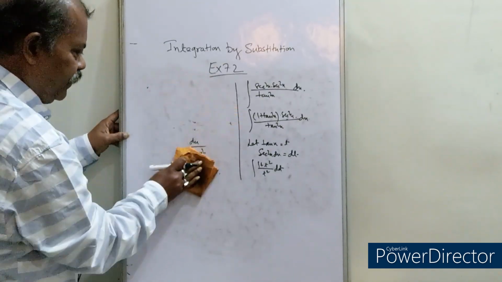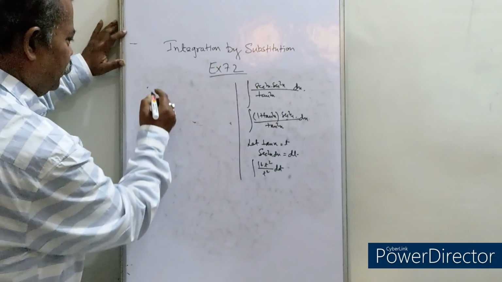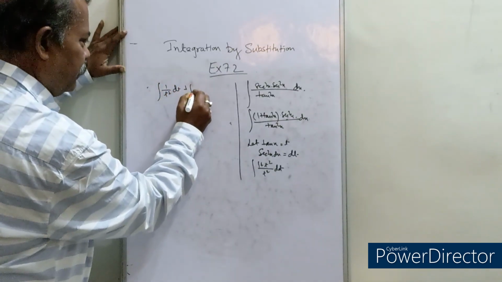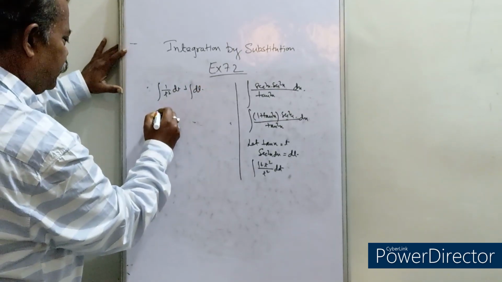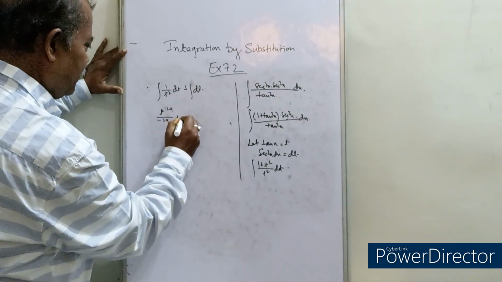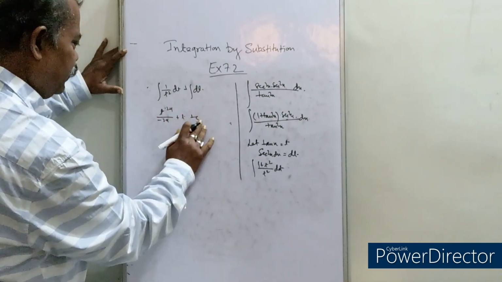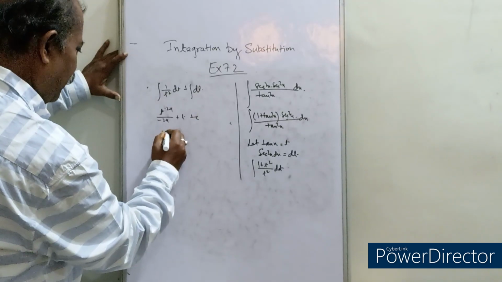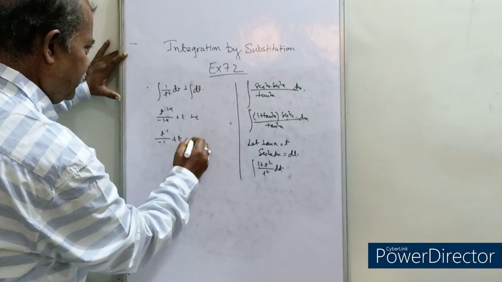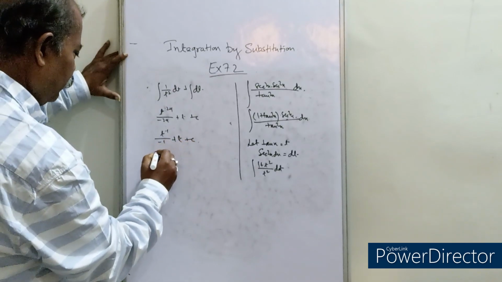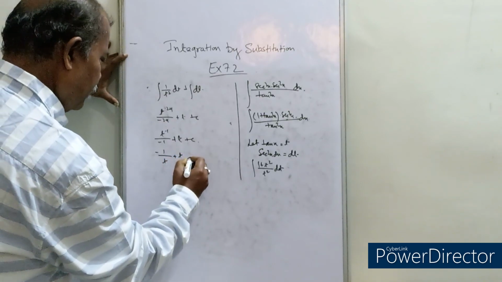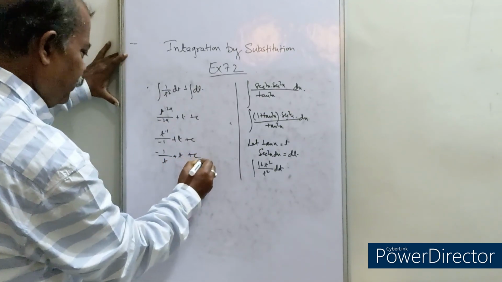Now here you see, 1/t^2 dt plus dt. So this is t^(-2+1)/(-2+1) + t + c. So this will be t^(-1)/(-1) + t + c, that is, -1/t + t + c.